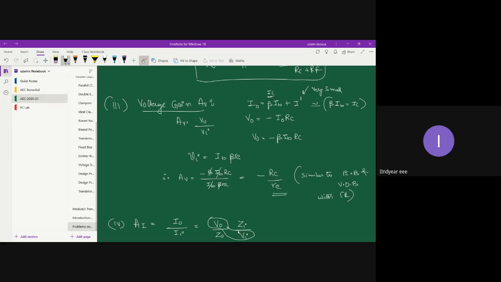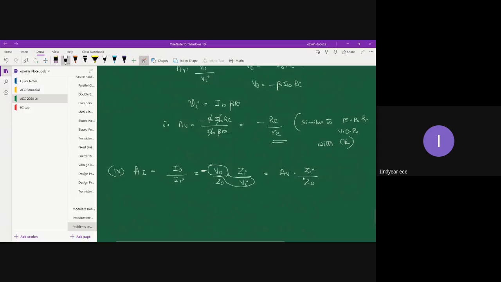So you have this ratio V naught by Vi, which is negative because output voltage is negative here. So this becomes voltage gain times the input to output impedance ratio. So that's your AI. Remember one thing, your AI expression remains the same. It is voltage gain times the impedance ratio from input impedance to output impedance.